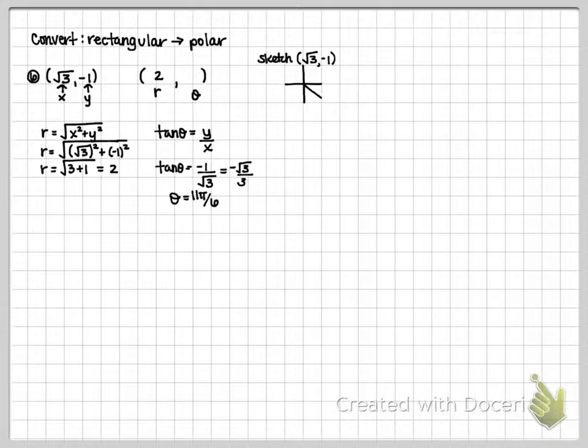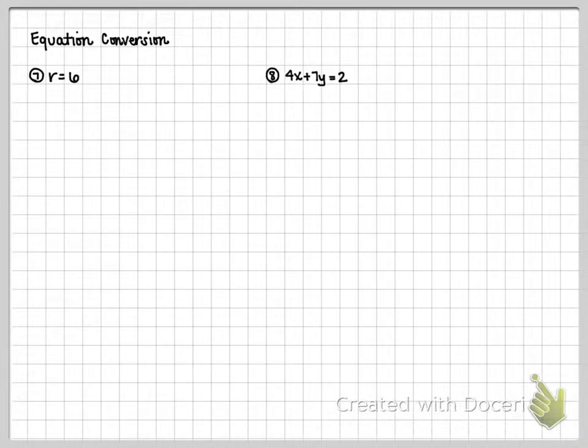Either one is fine because we know with polar points you have an infinite amount of them. So I chose the 11 pi over 6 for this one. You could have chosen -pi over 6. It's the exact same thing. So here I've converted from my rectangular now to my polar. All right, let's convert some equations. It's the same idea.